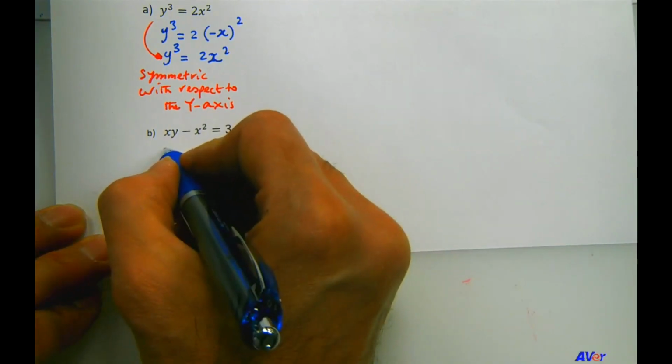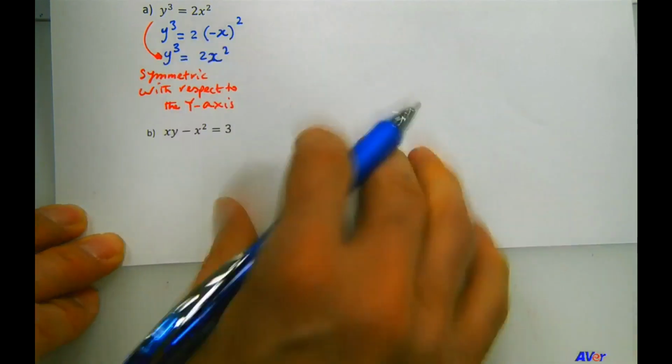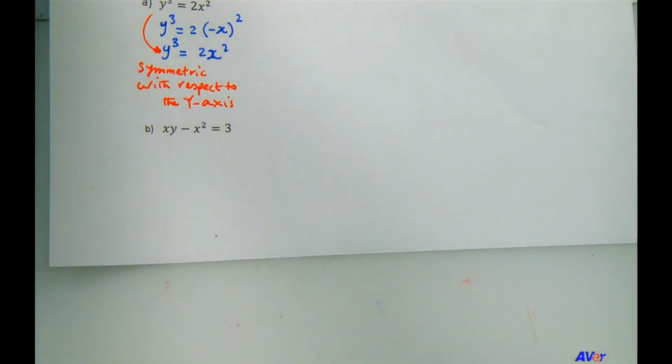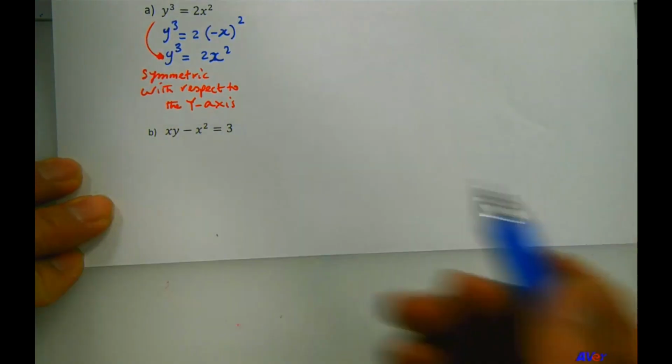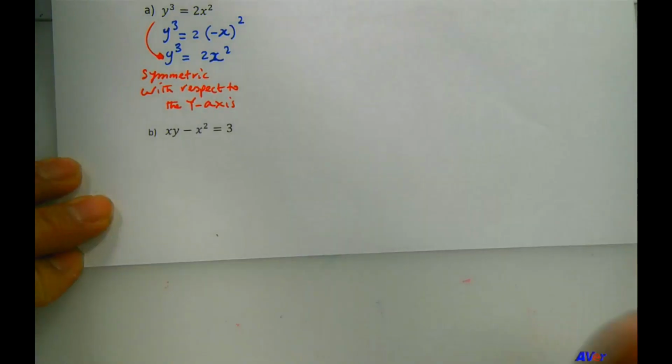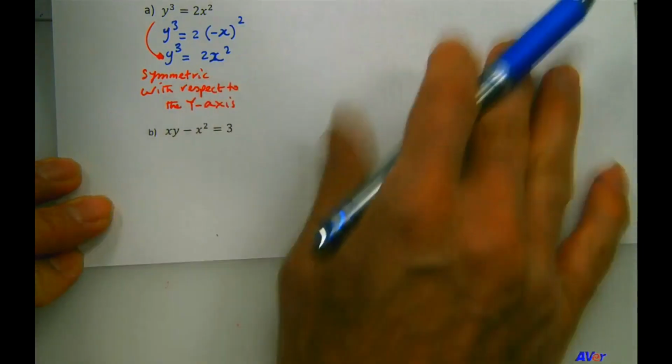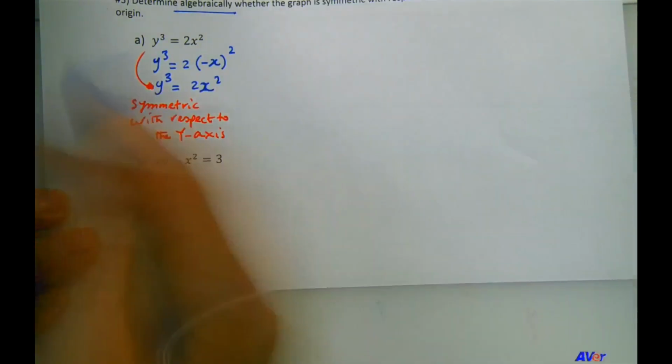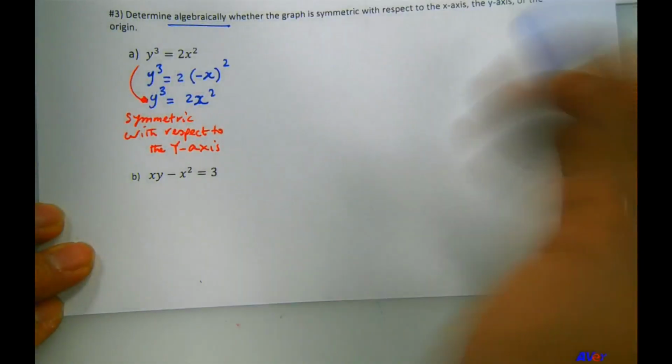I'm saying do this because then you build expectation for what you need to do, and you'll save yourself time. If you don't do this, then you'll end up plugging in negative x for x, and you don't end up with any result that would be symmetric with respect to the x-axis, y-axis, or anything.